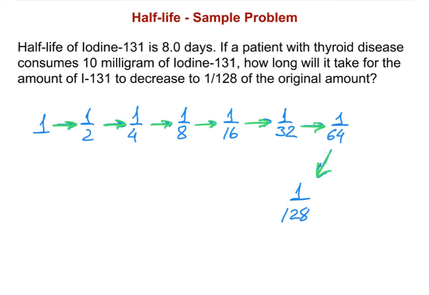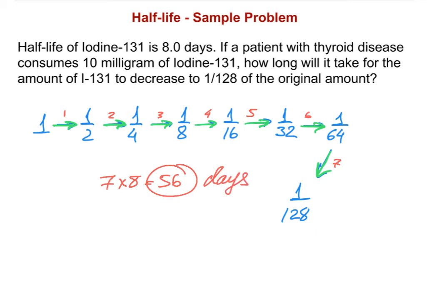So how many half-lives did we get? 1, 2, 3, 4, 5, 6, 7. So 7 times 8 makes 56 days. In 56 days, of the original amount that was consumed by the patient, only 1/128th of it will be left in the body.